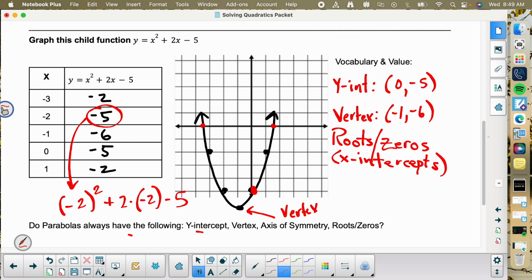So it's in between 1 and 2, so we would call it 1.5. So one of the x-intercepts is going to be 1.5. And then the other one, what would we call that, negative 3.5? Would it be helpful if I wrote?